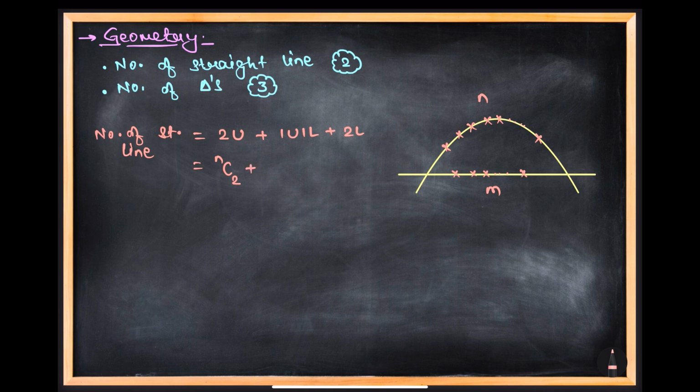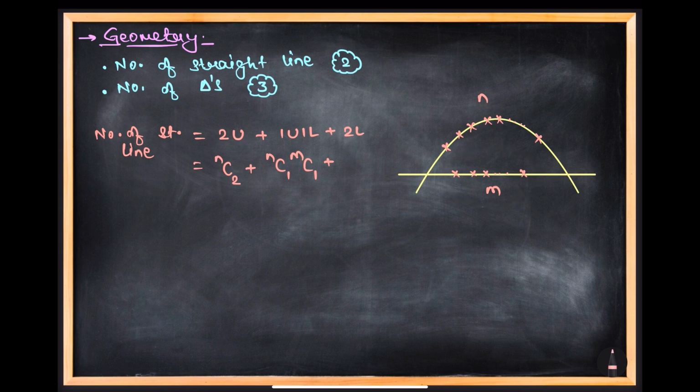Okay, now look at this. In case 2, we will take 1 point from the upper part and 1 point from the lower part. So it is nC1 times mC1. Now look at this. This part is unique. So if you take any 2 points, you will end up having only one straight line.